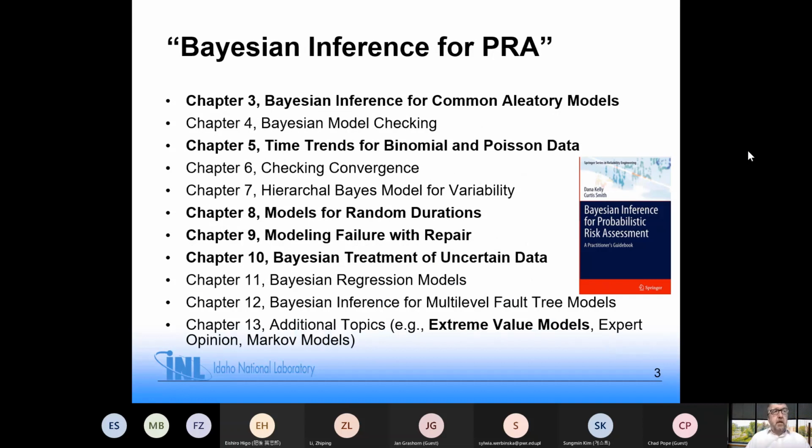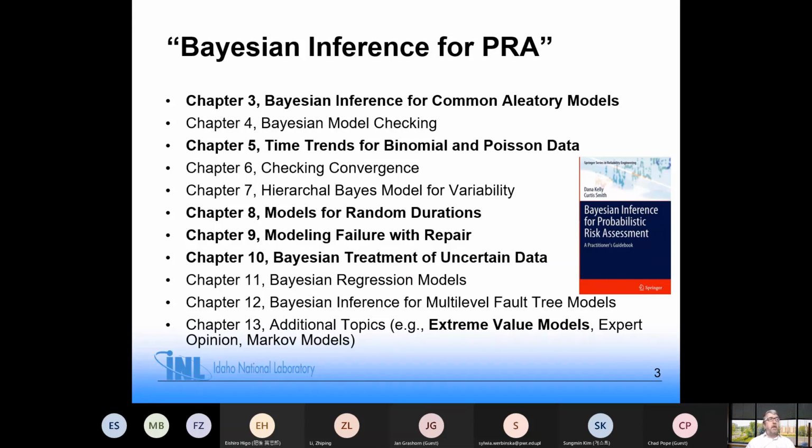If I look at the textbook that I mentioned, picture of the cover right there, there are various chapters, and I've highlighted out of those chapters some of the sections that we will touch on and go through in the slides. The things that are not highlighted, we won't cover in the tutorial today or tomorrow.